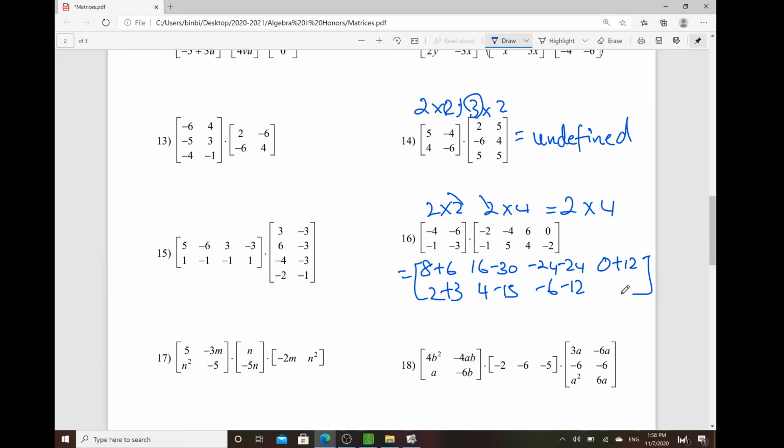And the last entry of the second row, negative 1 times 0, negative 3 times negative 2, 6. Finally, combine them: 14, negative 14, negative 48, 12, 5, negative 11, negative 18, and 6. Then that'll be this final matrix.